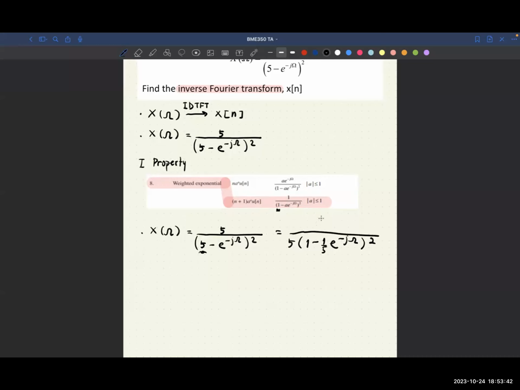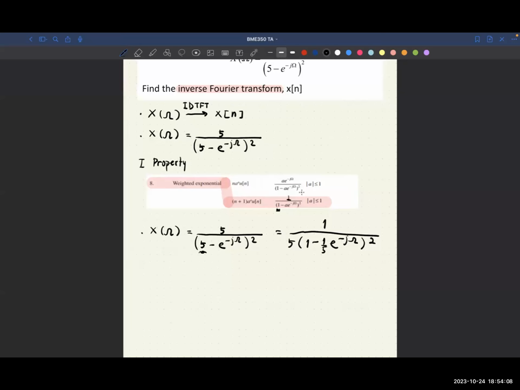And for the upper part, I want that to be 1. Don't forget that the 5 is outside, so the 5 covers the first expression. You're taking 5 out of a square, so you basically have 25.